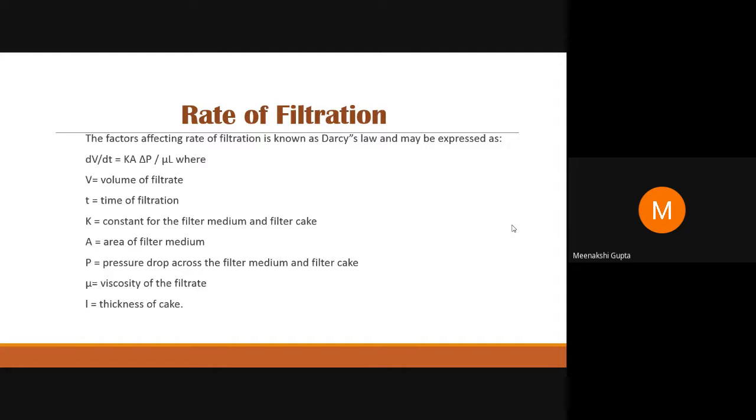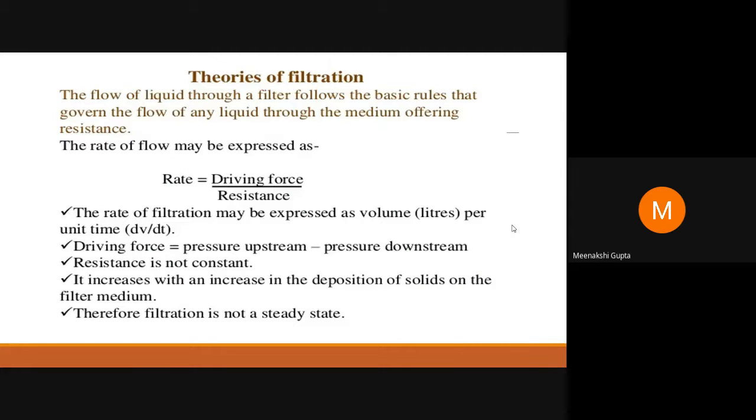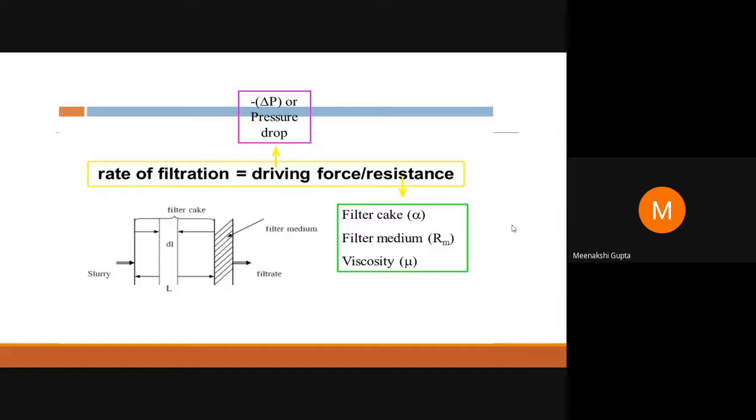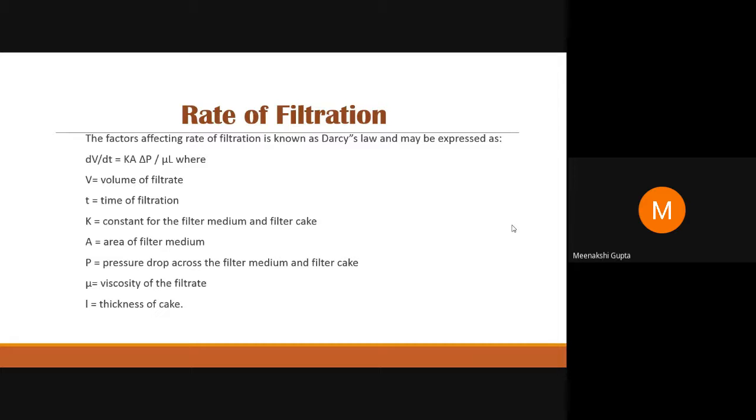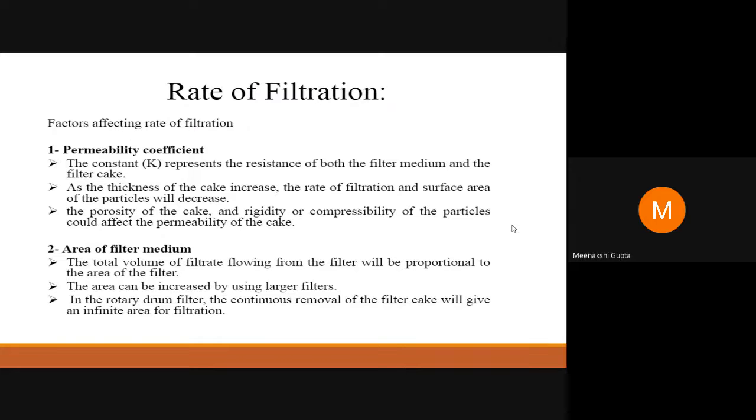Then cake thickness: as the filtration goes on, the thickness of the cake goes on increasing. So that is the reason why the rate of filtration is not steady. It continuously decreases because of the increase in the thickness of the cake. Okay, we'll discuss it in more detail.